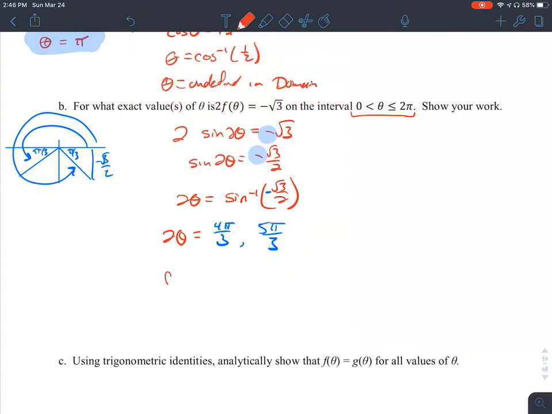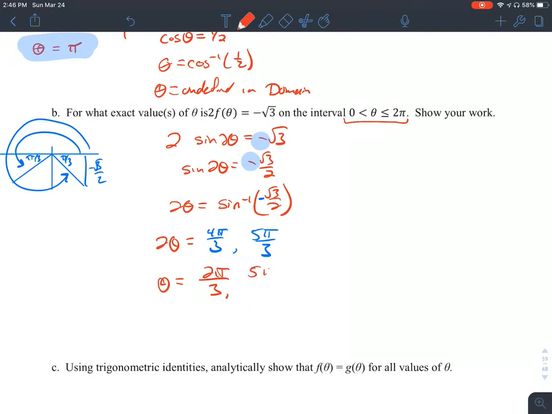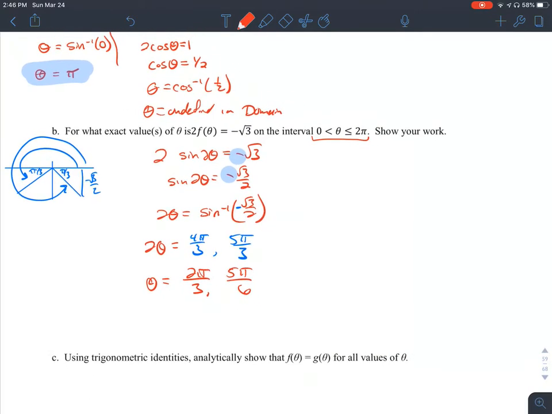Well, to get theta by itself, we divide both sides by 2, same as multiplying by a half. And we're going to get 4 pi over 6, which is the same as 2 pi over 3, and 5 pi over 6.